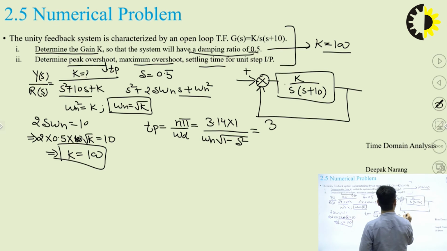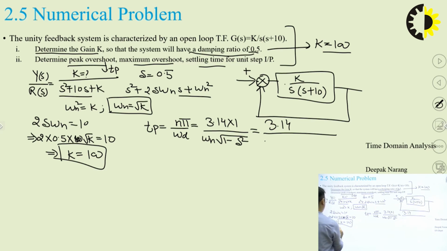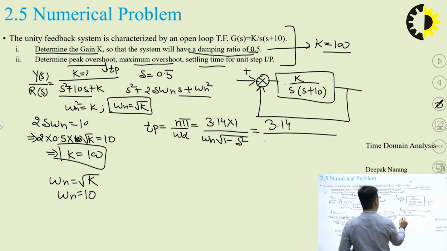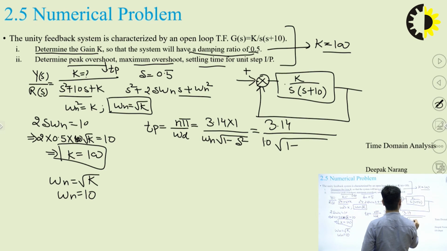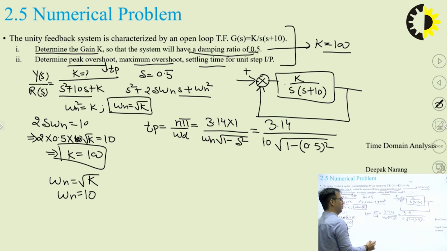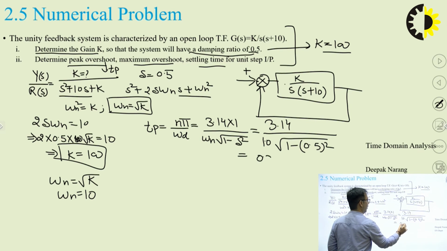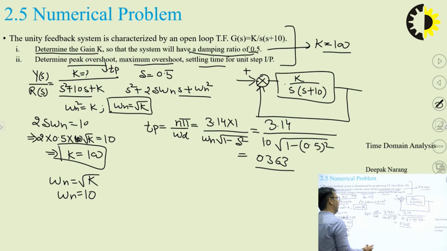This is 3.14 divided by omega n, and omega n is equal to 10, into square root of 1 minus 0.5 whole square. After solving this, we get the peak time, which comes out to be 0.363.